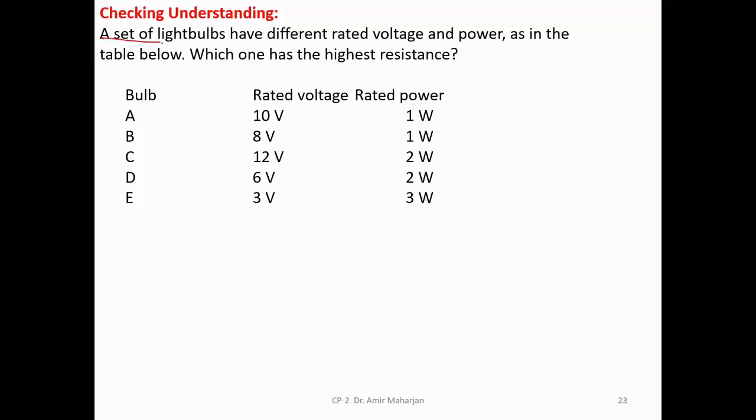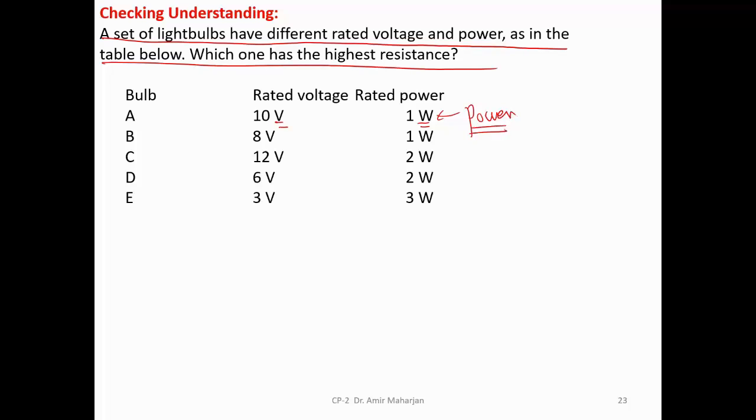And here's another example. A set of light bulbs have different rated voltage and power, as shown. Which one has the highest resistance? I'm just going to give you hints. You have voltage, and watt means power, the electrical power.